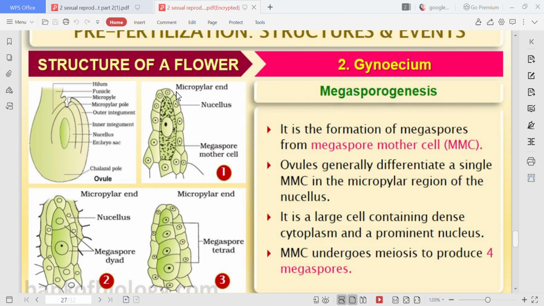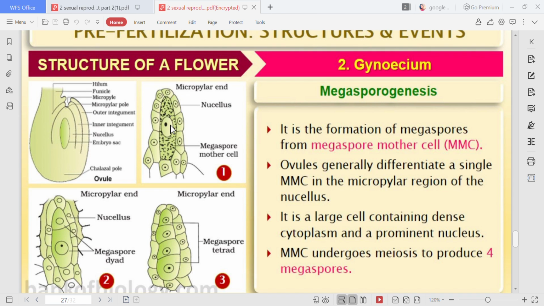These cells are the nucellus cells all around, and in between there is a single megaspore mother cell towards the micropylar end. It is quite large, containing dense cytoplasm and a very prominent nucleus, as you see in the diagram.